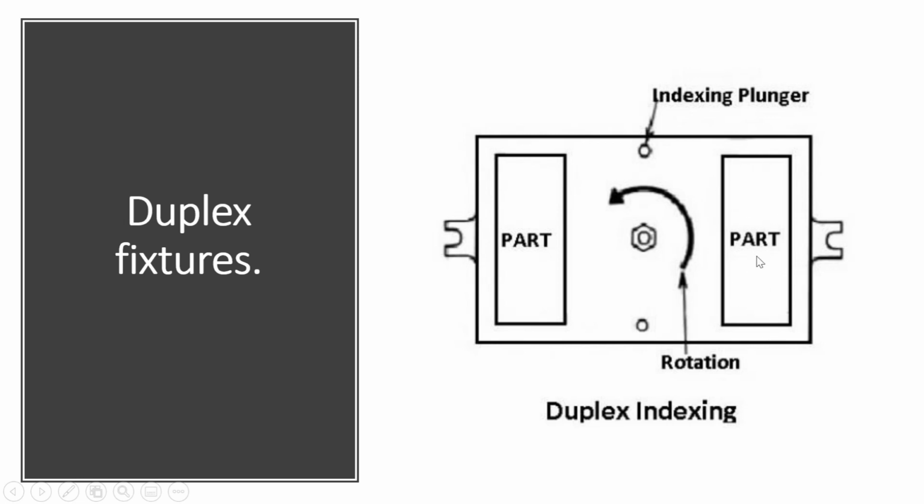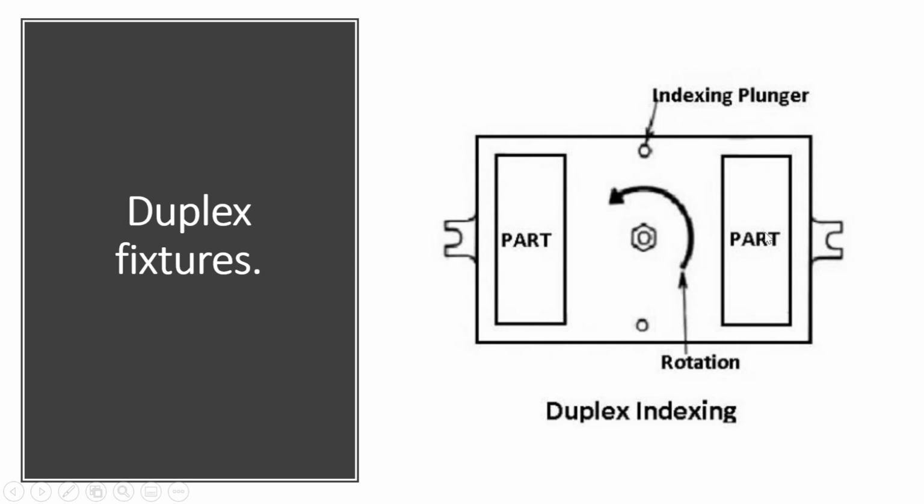Consider this part on the right side. Consider a milling operation is carried out on this part. Then while the operation is being performed, the operator can load another part on this side of the plate.